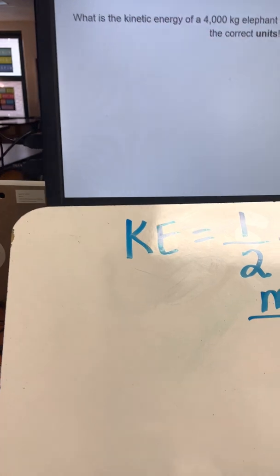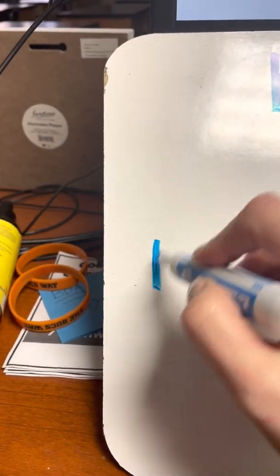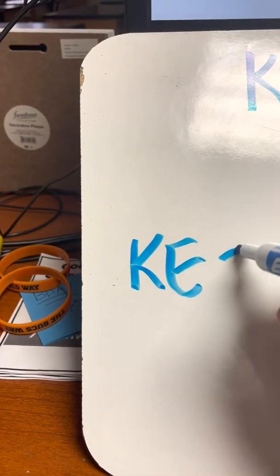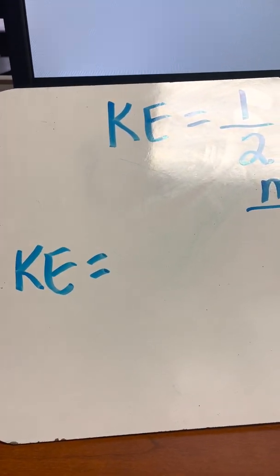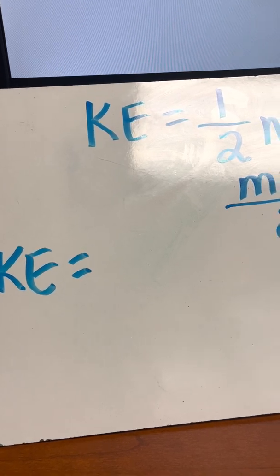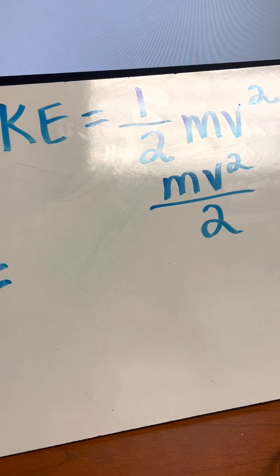So we're trying to solve for kinetic energy. We know that kinetic energy is mass times velocity squared divided by 2, or 1/2 mass velocity squared.